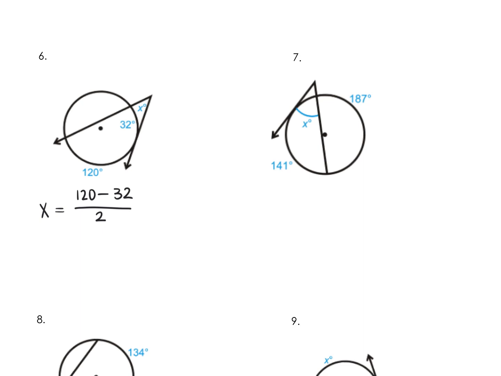So 120 minus 32 divided by 2 tells us that x is 44 degrees.